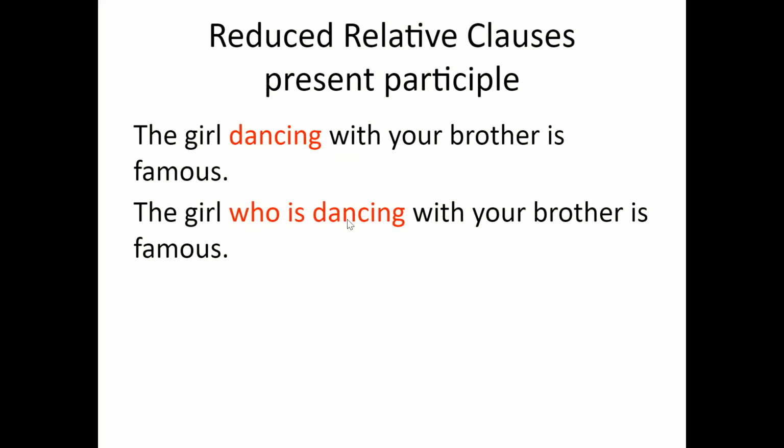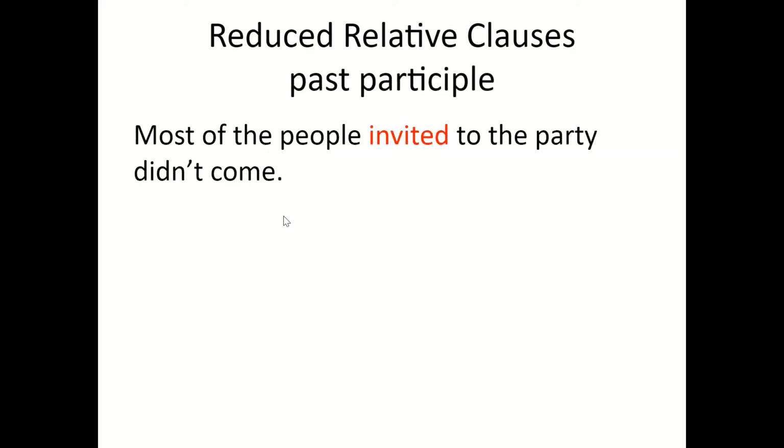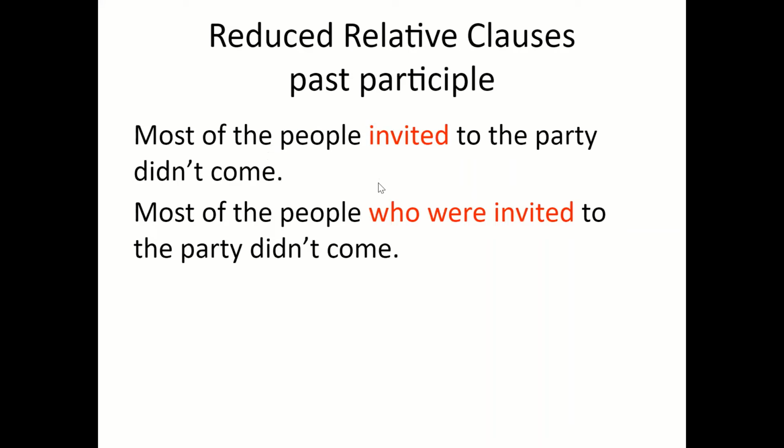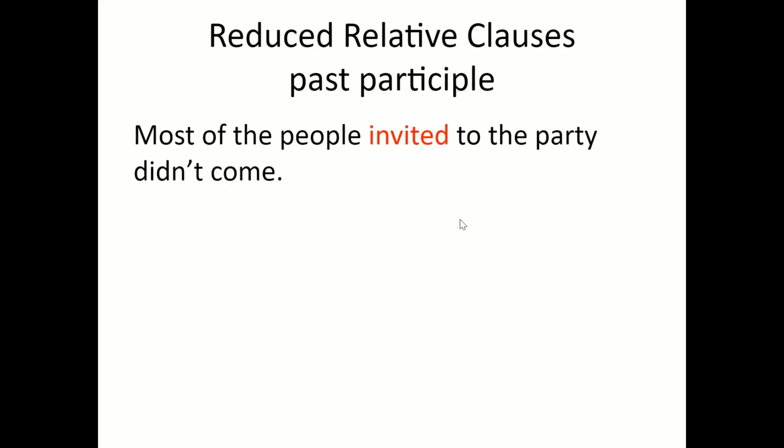But when we have a present participle, we can just delete the who and the be verb, the relative pronoun and the be verb. Also with the past participle, we said most of the people invited to the party didn't come. It's actually a relative clause in disguise using the passive, who were invited. But we can delete the who, and we can delete the be verb, and we can just have invited.